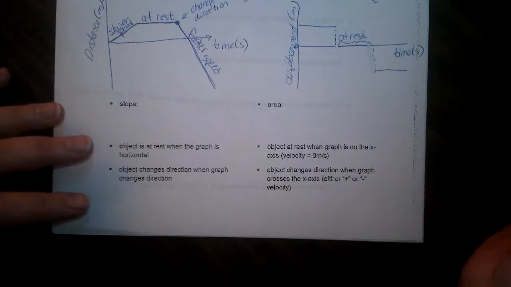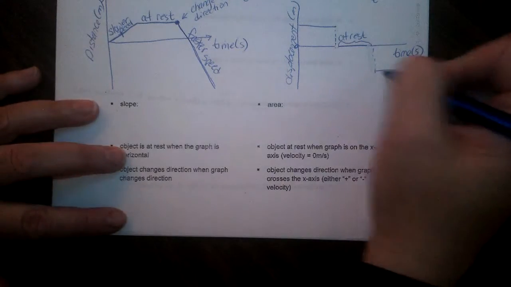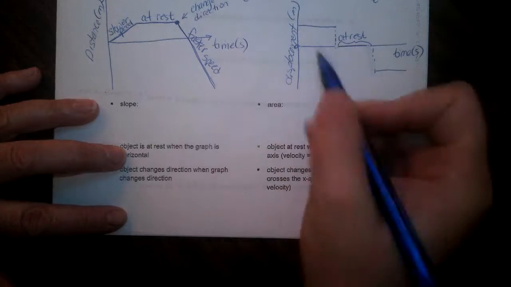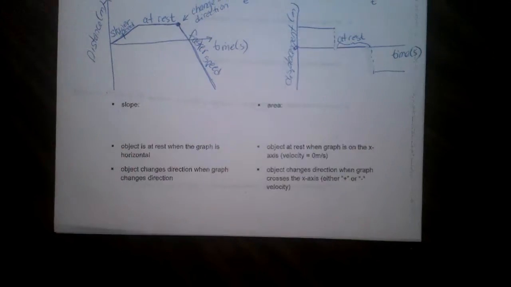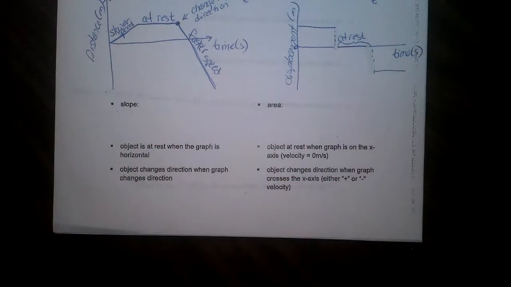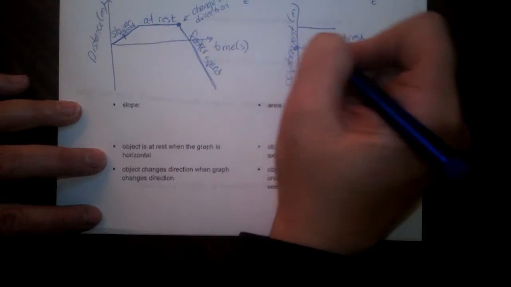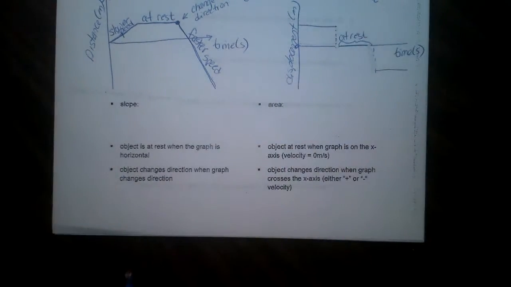Okay? This is at rest because, remember, displacement is the change in. I have to have more east than I have west, or more west than I have east, to have motion. If it was sitting right here above the line, that would be in motion.